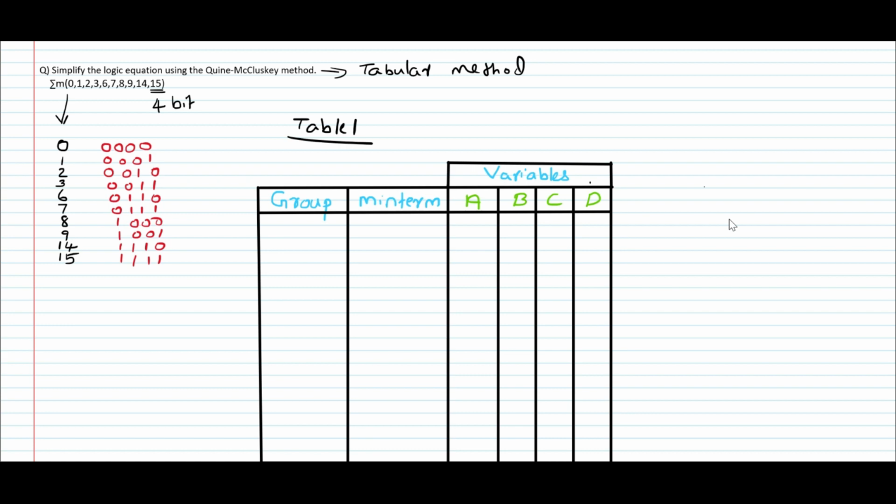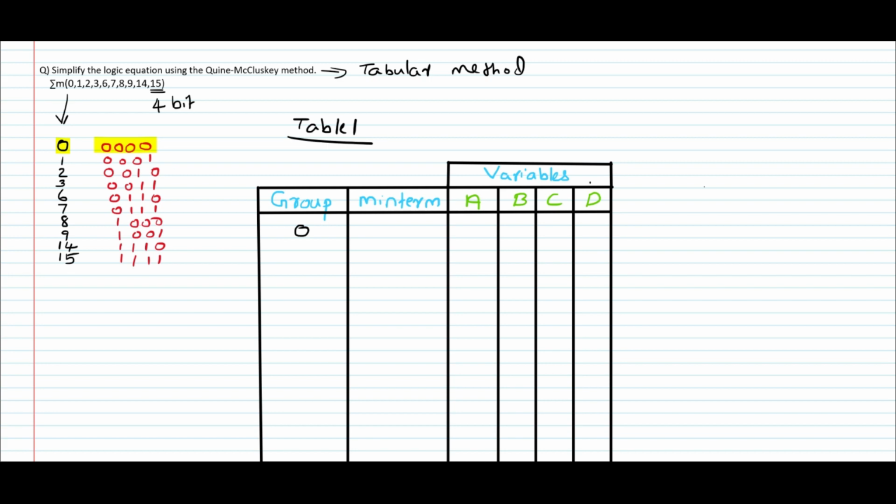First we will write group 0. That means the min terms having no ones in it. The min terms having no ones in it means we have only the min term 0 present. In 0, when we write it in binary, we can see there is no 1 in it.